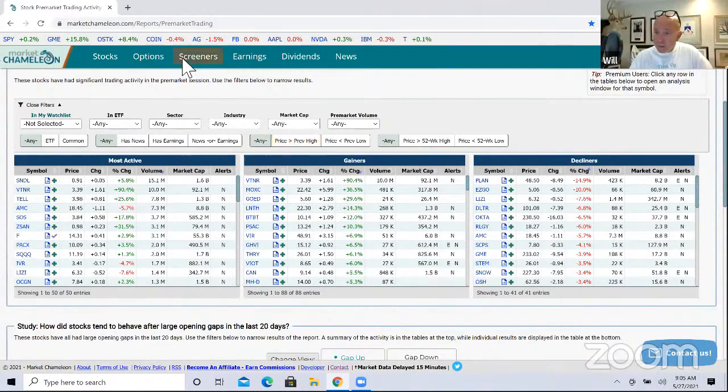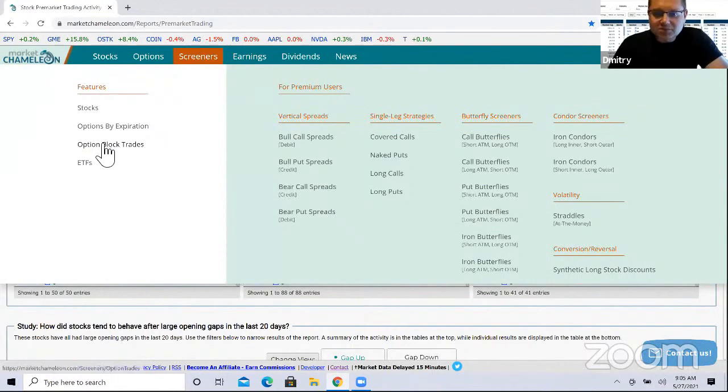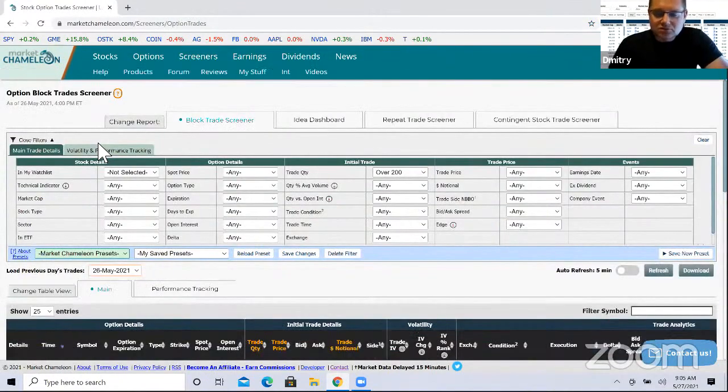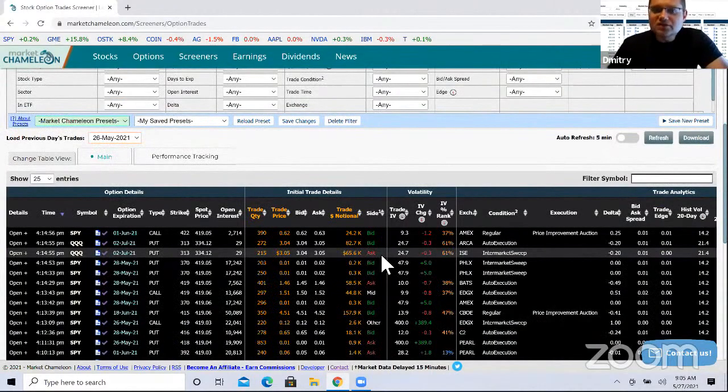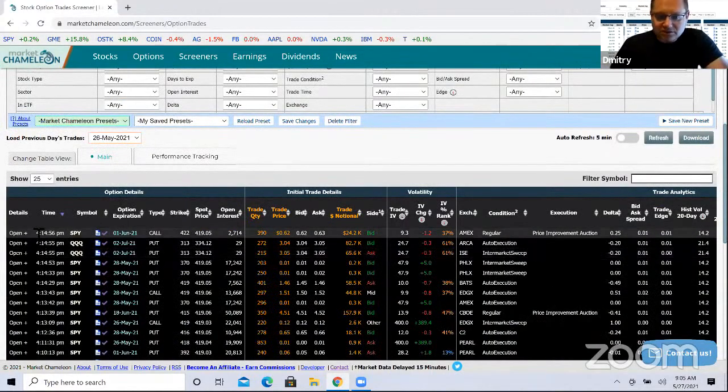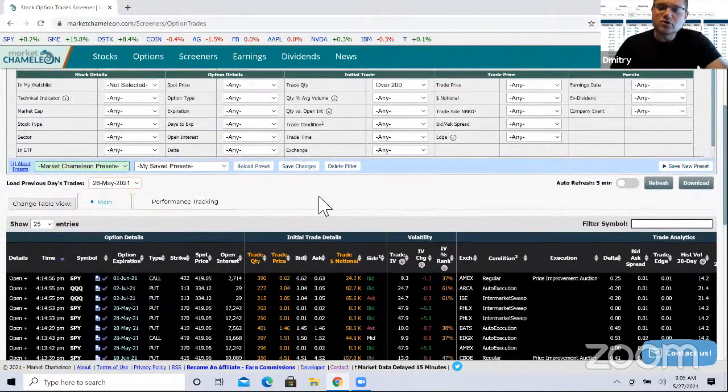Okay, so I'm going to come back here under screeners, option block trades. We've been doing the screener all week. We talked about all these different data elements on the option block trade screener and their significance, and where some traders come to look for potential trade ideas. You narrow them down. Of course, you want to do further research to see what is the catalyst or thesis behind the trade.